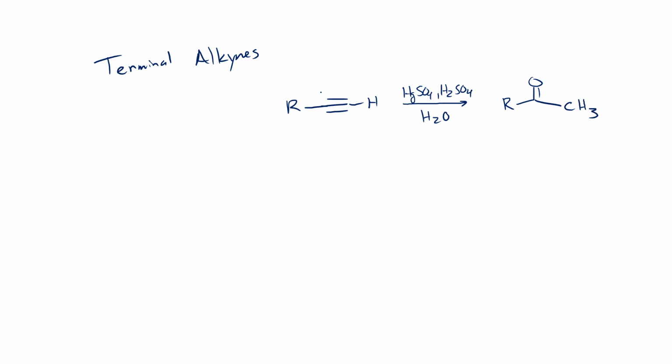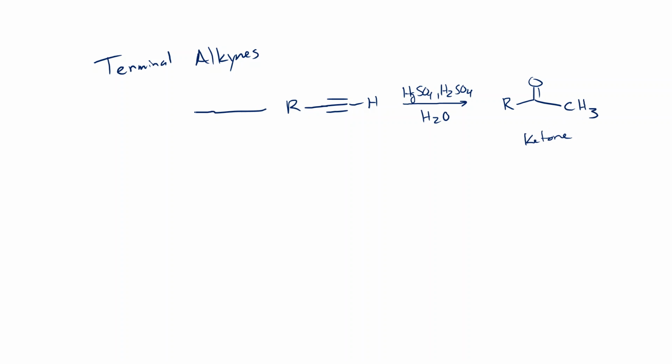Terminal alkynes give us different products if we do oxymercuration, HgSO4, H2SO4, H2O. Right? We always add the oxygen to the secondary position, so we get a ketone.